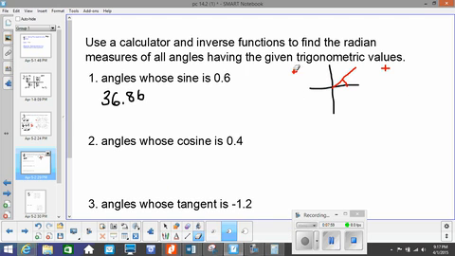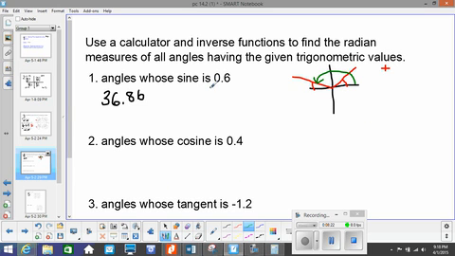This is where you're going to have to use a little bit of your problem solving. So I need to get this angle right here, but I don't want to give it like that. I actually want it in standard position from the positive x-axis to that angle.